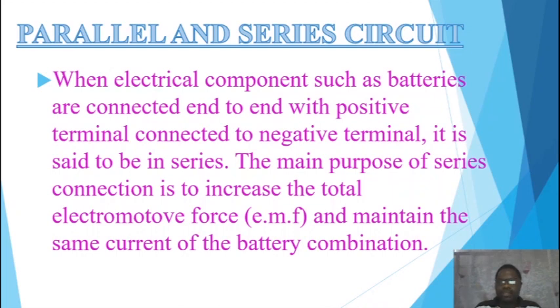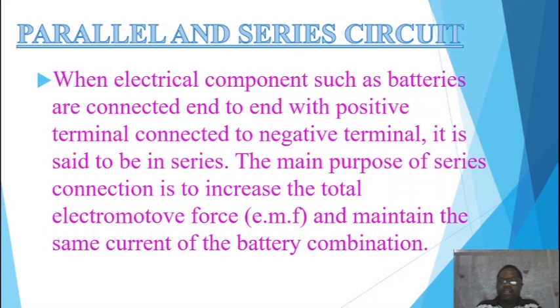So that means if you have a torch that uses two batteries, the voltage that is supplied to the torch bulb is 3 volts. So we said that the main purpose is to increase the electromotive force. So in that torch, two batteries of 1.5 volts each connected in series, we now have what?